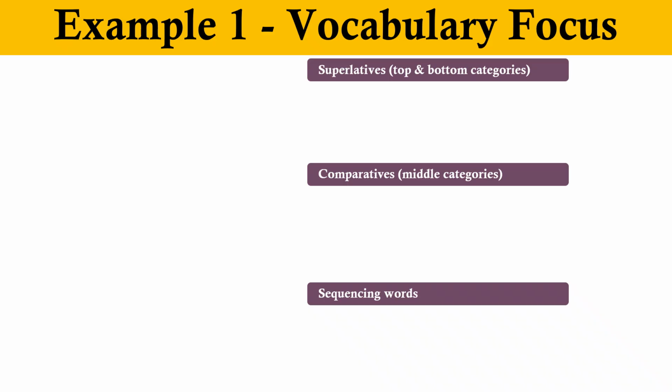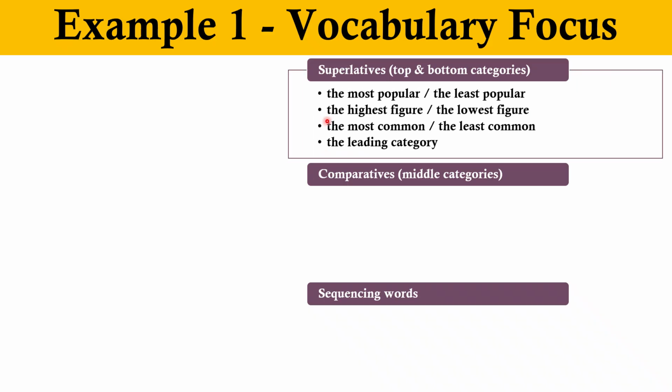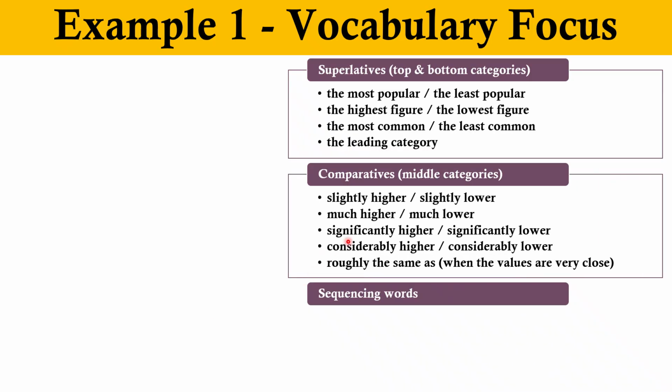For the top and bottom categories, we use superlatives such as the most popular, the least popular, the highest figure, the lowest figure, the most common, or the least common. And you can also say the leading category. For the middle categories, we use comparatives like slightly higher, slightly lower, much higher, much lower, significantly higher, significantly lower, and so on.